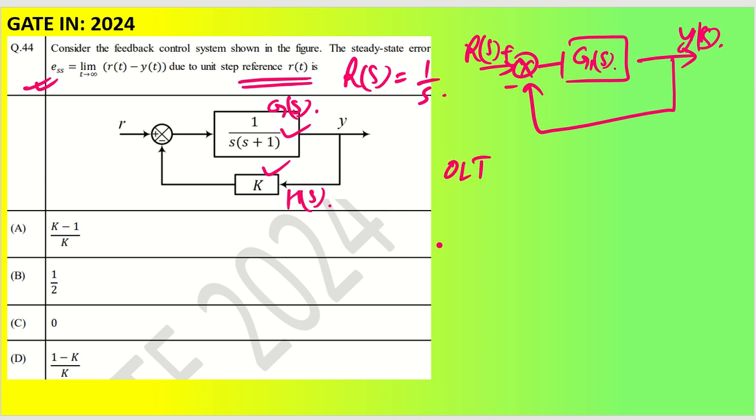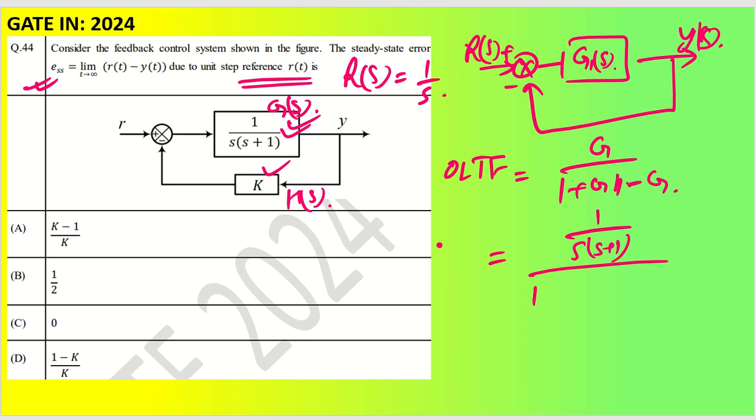First of all, we'll try to find out the open loop transfer function, which will be equal to G divided by 1 plus G into H minus G, which is this G. Understood? Very easily we can write it down: 1 by s into s plus 1, divided by 1 plus 1 by s into s plus 1 into K, minus 1 by s into s plus 1.